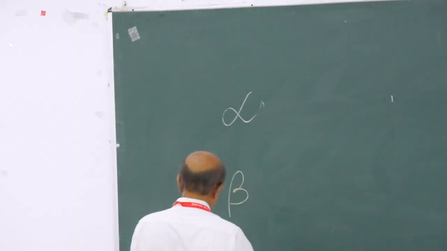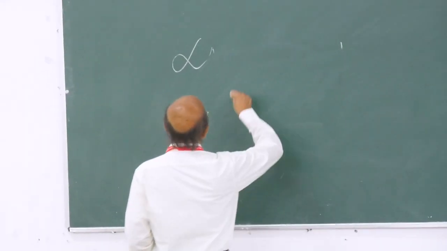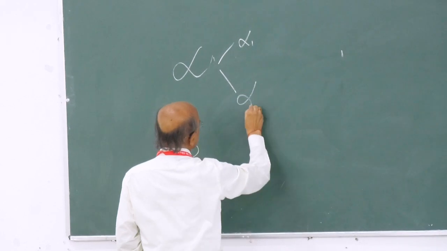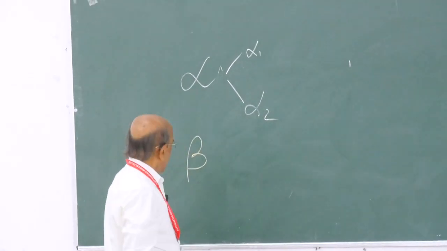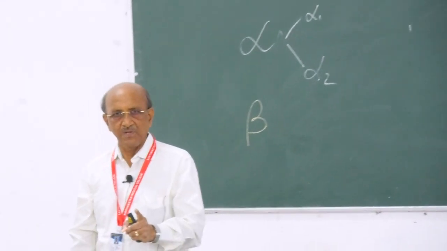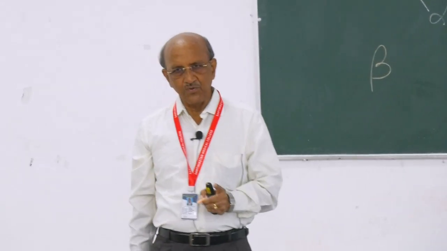It may be of two types, alpha 1 and alpha 2. For most of the students, you have to remember these two, alpha 1 and alpha 2.